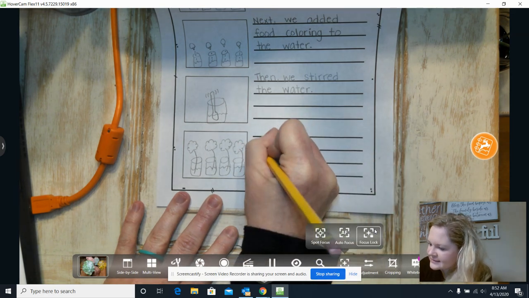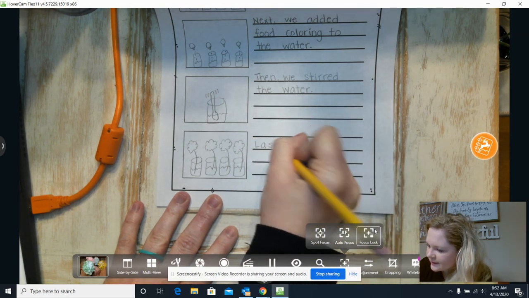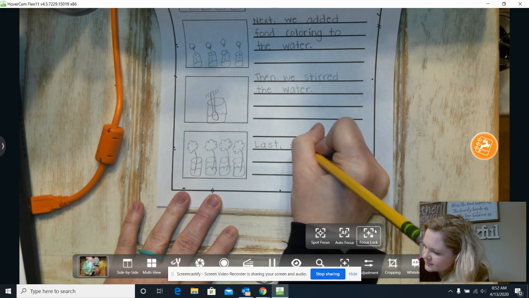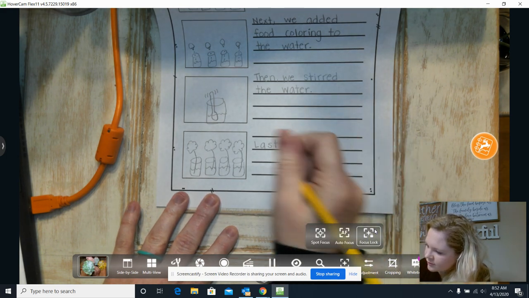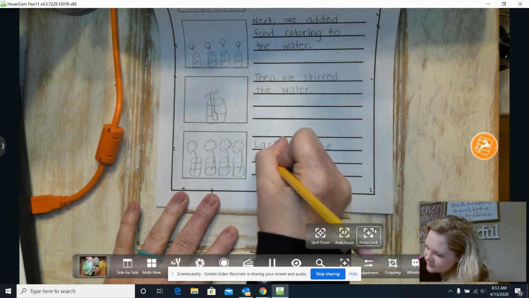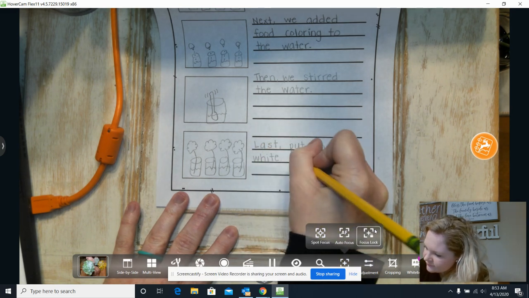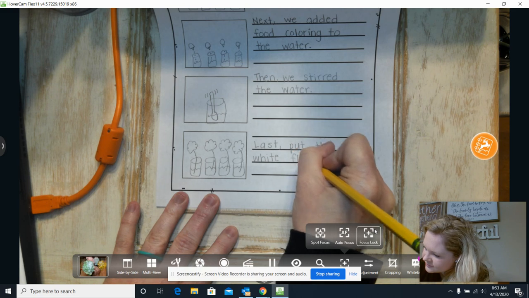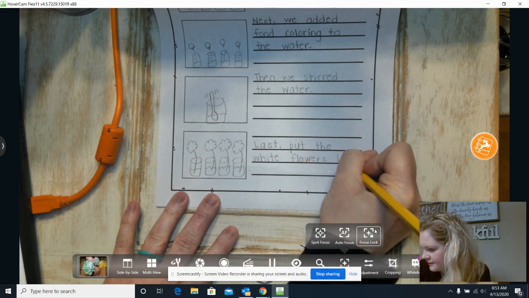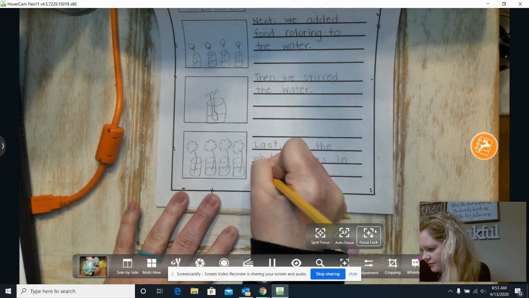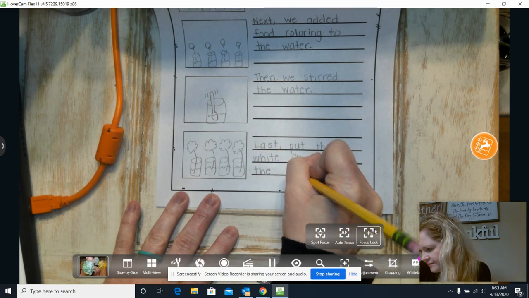Alright, so last, put the white flowers in the water.